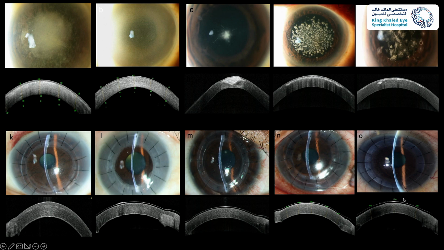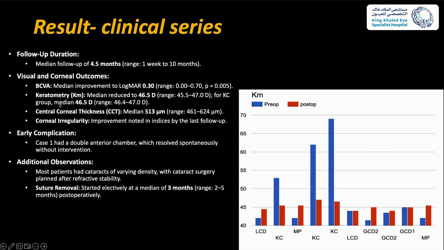The patients are around 1 year out now, so we cannot 100% judge the refractive and visual outcome. However, it was very encouraging. Most of the patients had cataract, so they would need cataract surgery, and we can see that the KM, or the average K, as well as the Kmax, in most of the cases went to almost normal range.